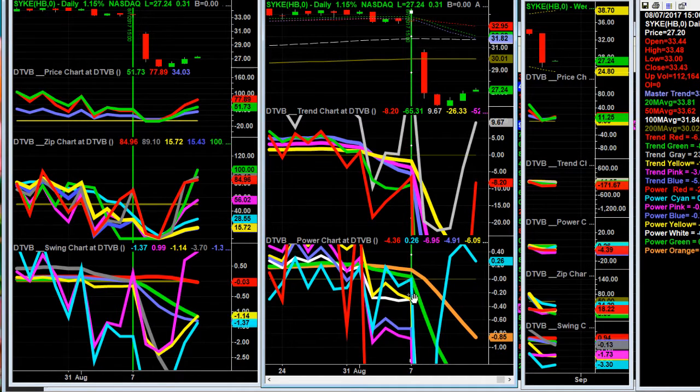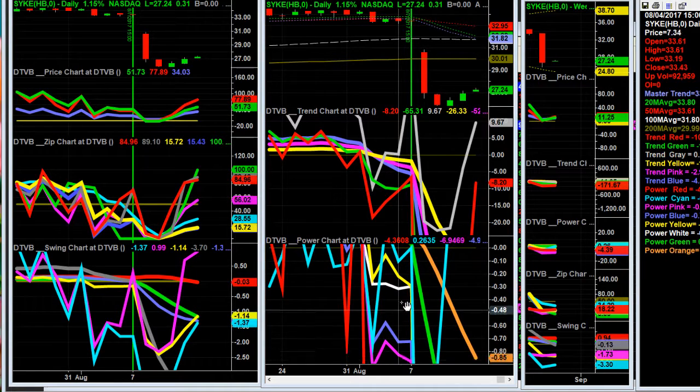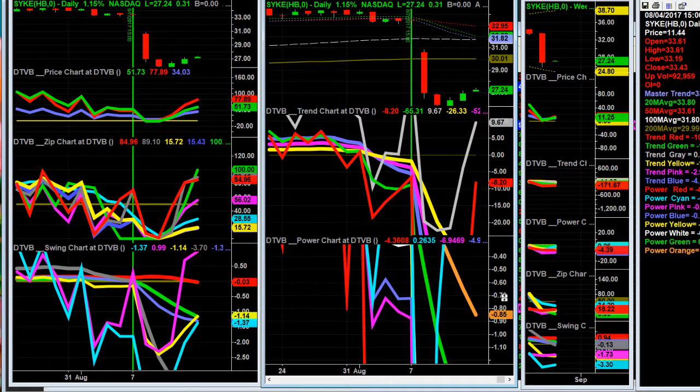And in the proximity group, we have power Zion under green, and the power 4 is, I guess, all under orange. So all 5 indicators are under orange, but again, we have divergence. The power Zion is up, or wait a minute, let me look. No, we've got yellow and white divergent, and pink and blue divergent.